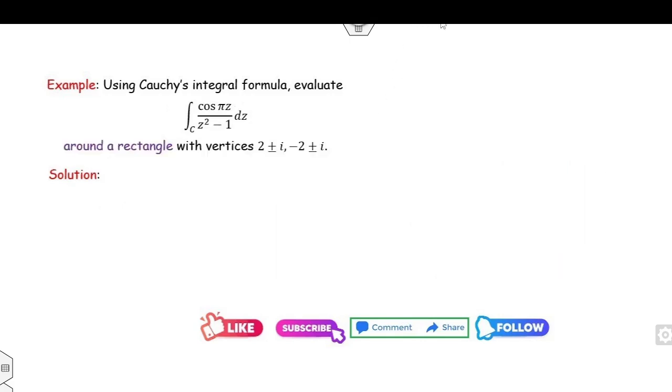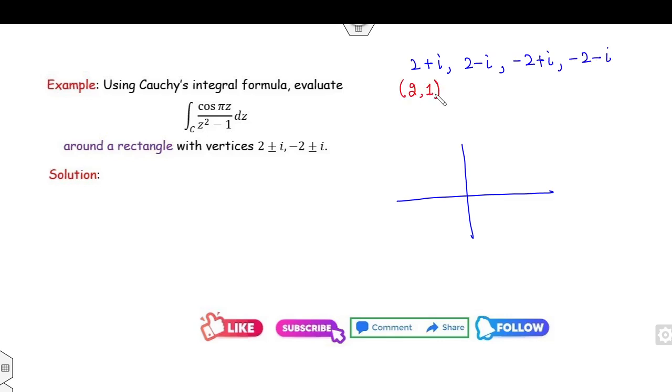Look at this another one. Okay, you first have to draw the rectangle. The points are 2 plus iota, 2 minus iota, minus 2 plus iota, minus 2 minus iota. So this value will be 2 comma 1, x component, y component.